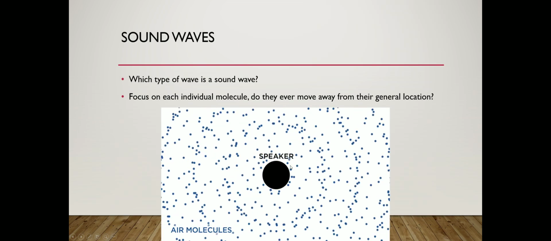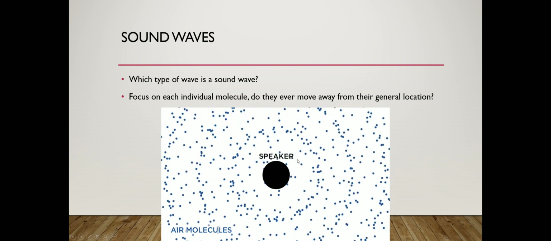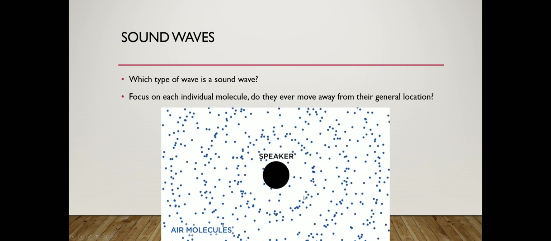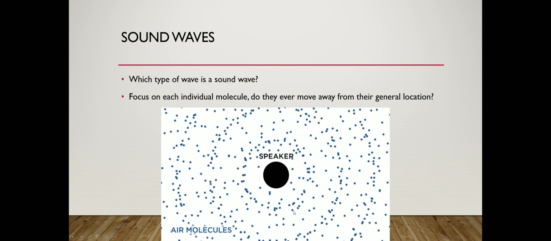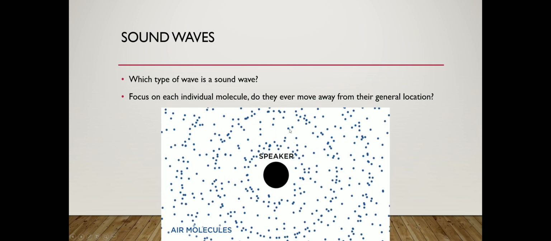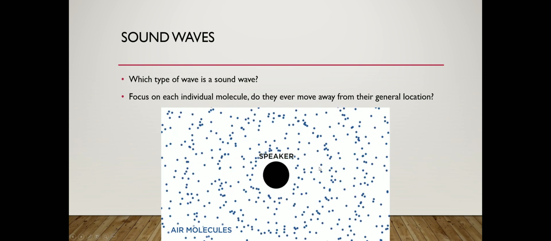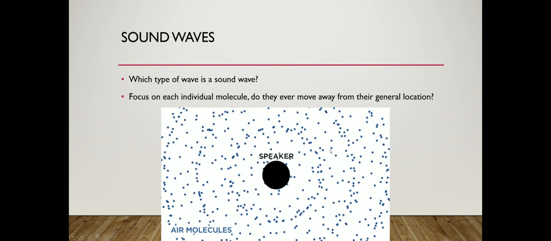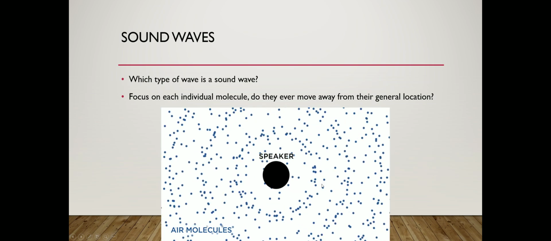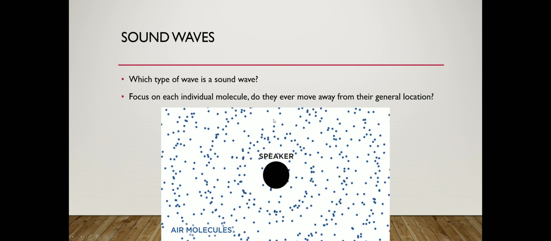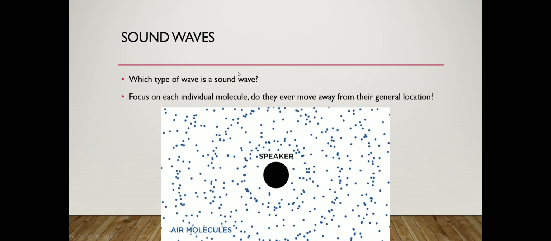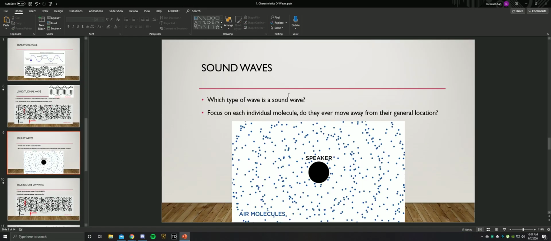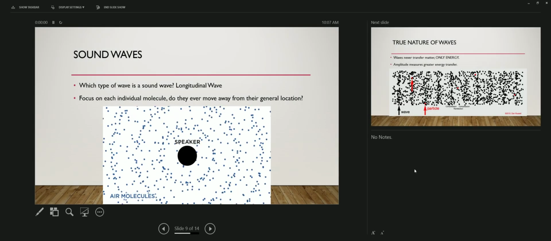These particles don't actually move anywhere, but it is a longitudinal wave because the particles are moving back and forth. Since we see a compression and a rarefaction, we know that a sound wave is a longitudinal wave.